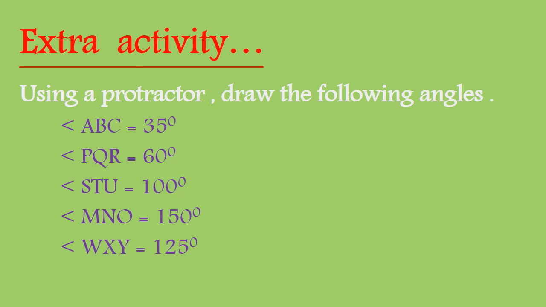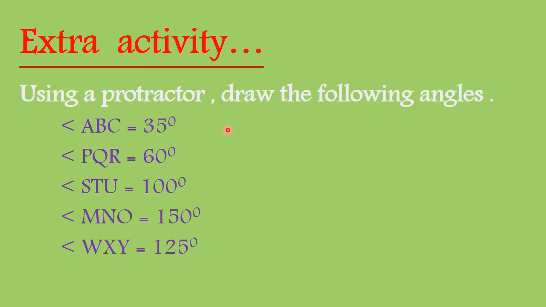If you are drawing the AB line with the A point on the left-hand side and the B point on the right-hand side, then you have to keep the protractor and measure from the outer scale.